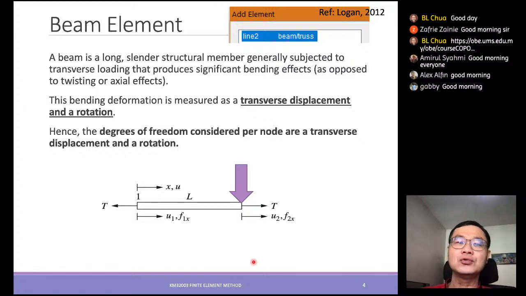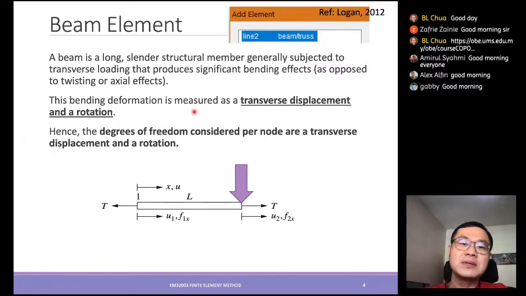So now come to the beam element. Since, as we say, the prismatic bar itself has a problem that it cannot sustain any vertical or transverse type of force, therefore this beam element is derived to handle that.